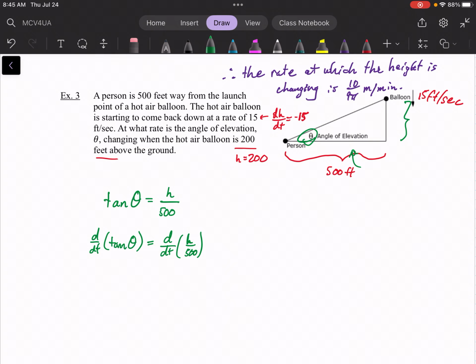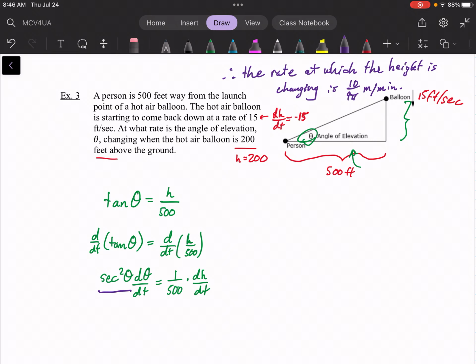Derivative of tan theta, I remember, is secant squared theta, and I'm going to multiply by d theta dt. Derivative of h over 500 is just 1 over 500 times dh dt. Now, at this moment, it doesn't look like we've used the 200 at all, but notice that this derivative is in terms of secant squared theta.